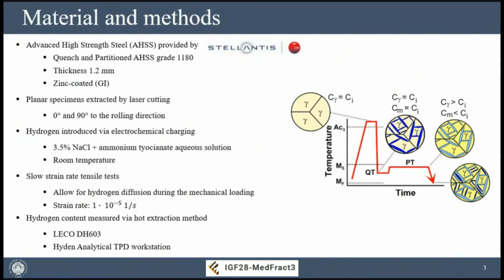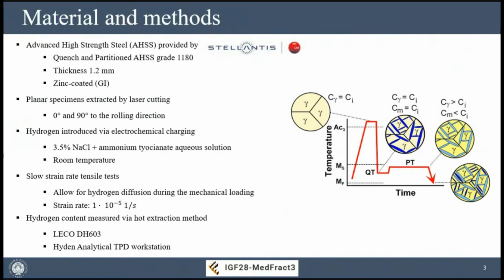This fresh martensite can be seriously affected by hydrogen, and this is the reason behind this project, because today I'm disseminating some preliminary results of a PRIN project that I'm carrying out in Pisa together with colleagues of the University of Bari and Padua.